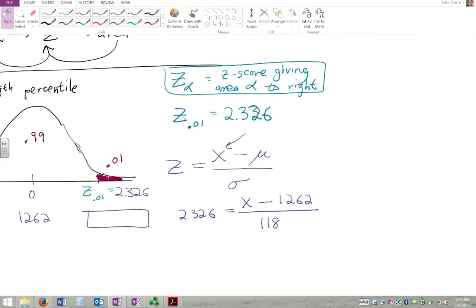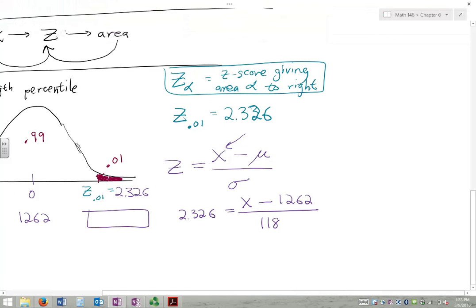Okay, so once we have that, the rest is algebra. We multiply both sides by 118. See, there's some algebra in here, not a whole lot. This is about as complex as it gets. 2.326 times 118 is 274.468, I'll just round to one decimal place, equals x minus 1,262.